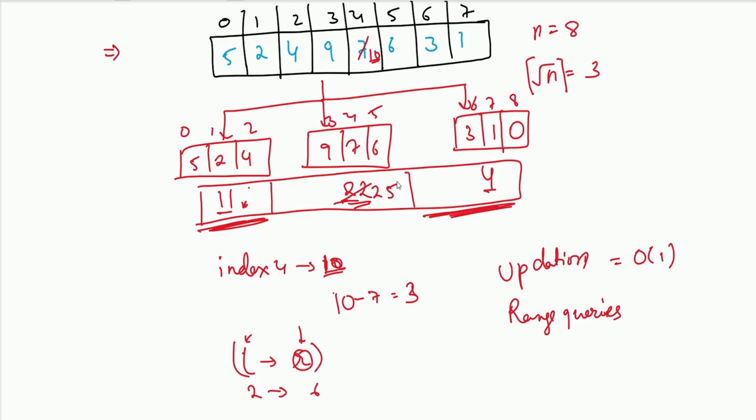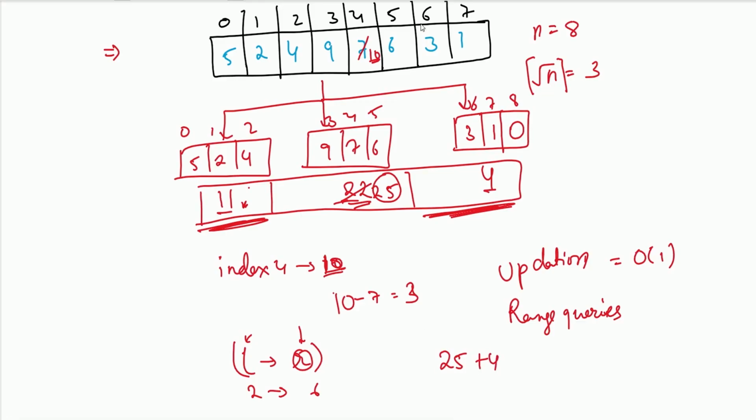What we will do is sum all the remaining blocks. There may be more blocks here, but right now there is only one block, so the sum is 25. Then from L to this block's end, L is 2 to this block end, I can add this, so it will be 4.